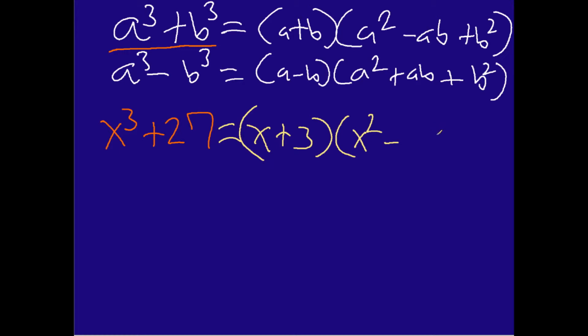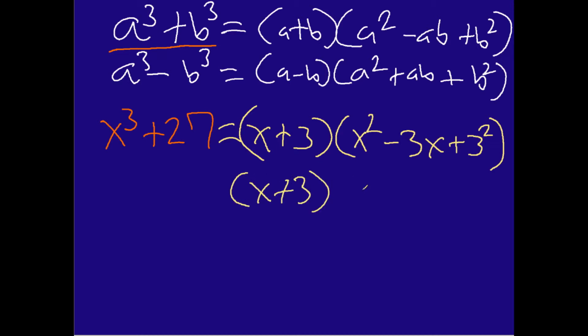So a is x, b is 3, so it's going to be 3x plus 3 squared, because remember, this is my b term here. Now we need to simplify it. It's not going to change that much, by the way. X plus 3, x squared minus 3x plus 9. All right, and that's pretty much the end of the experience.